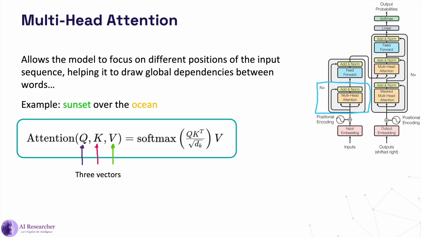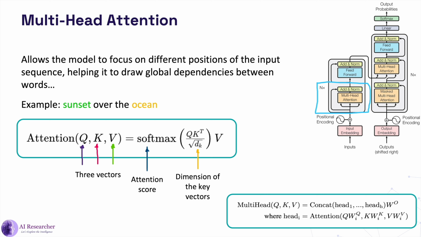In our context, Q might be related to sunset, while K and V are associated with over and ocean. And there is an attention score as well. Then the dimension of the key vectors is represented by dk. Then there is a softmax function which is applied to turn the scores into probabilities.